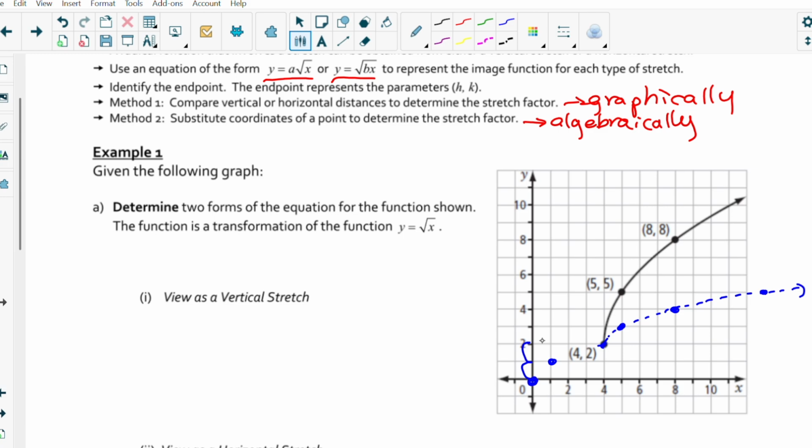That's why I draw the graph like that. Let me clean this up. This, folks, is y equals square root of x minus 4, plus 2.